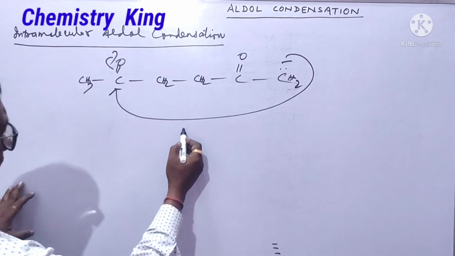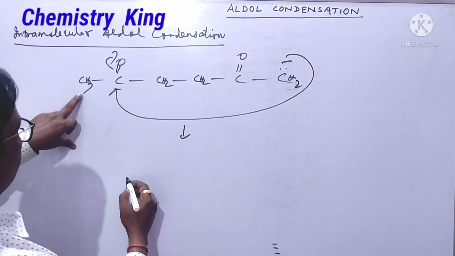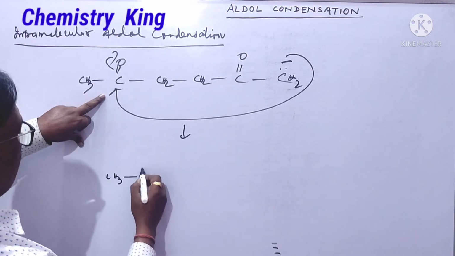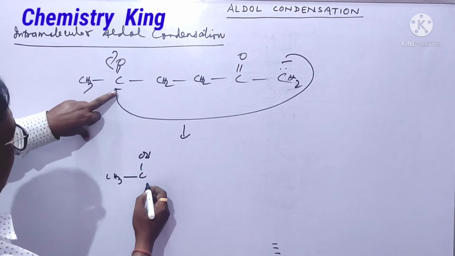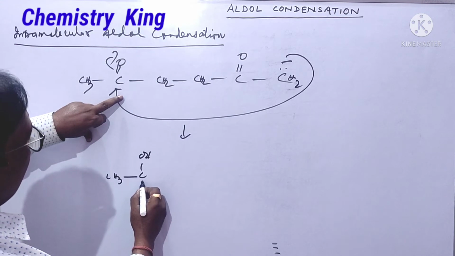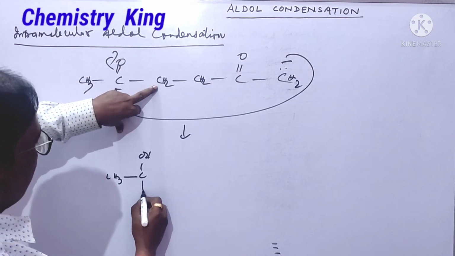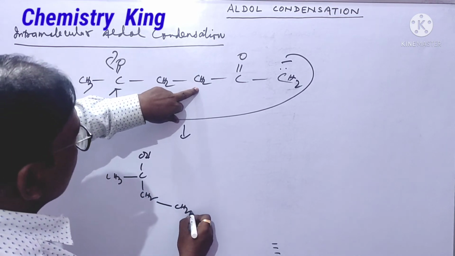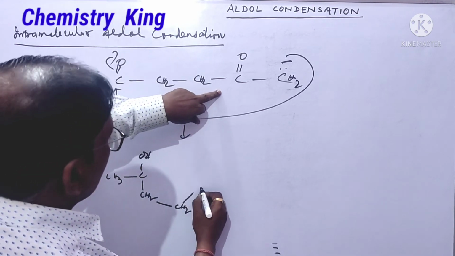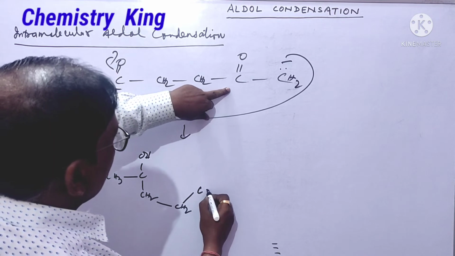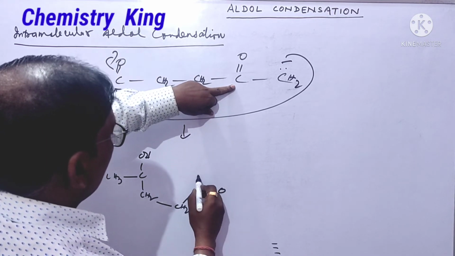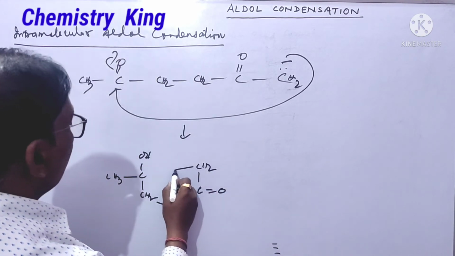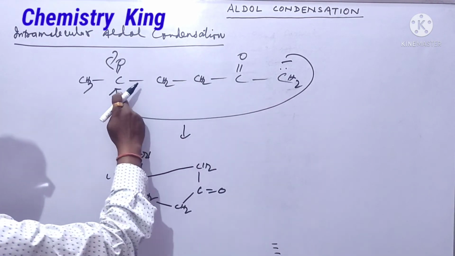Okay, and you can write in this fashion: CH3, COH, CH2, CH2, C double bond O, CH2. This carbon gets attached with this carbon.